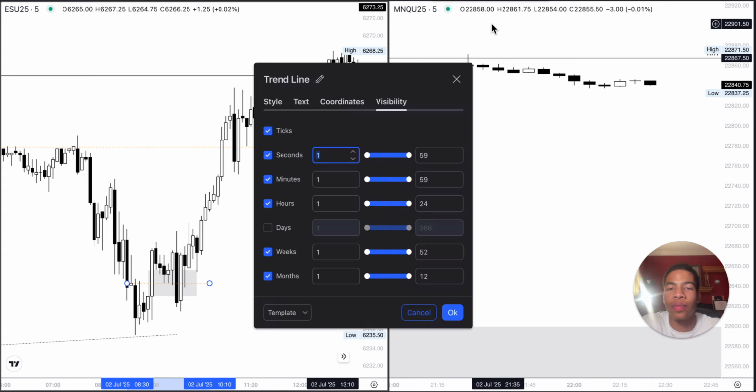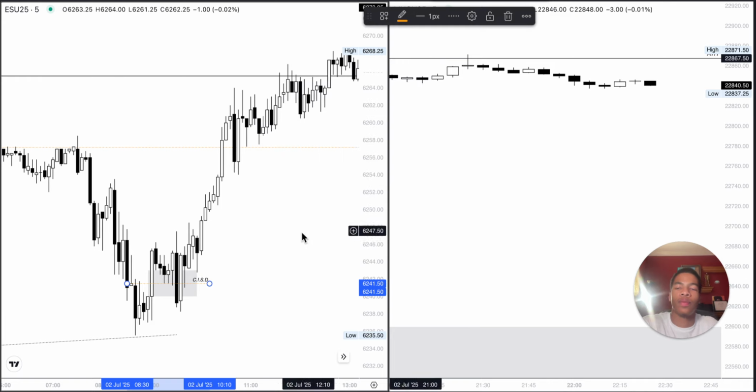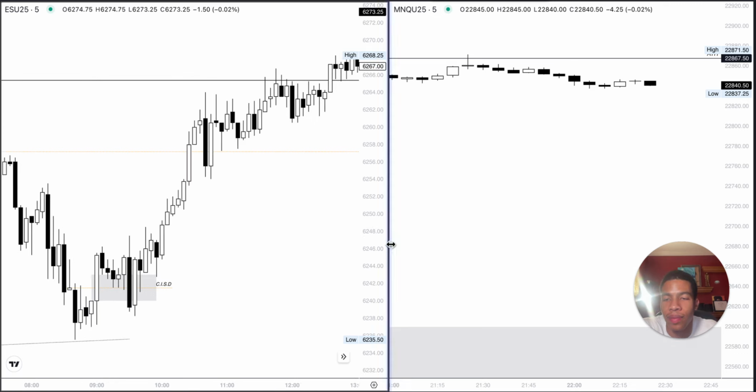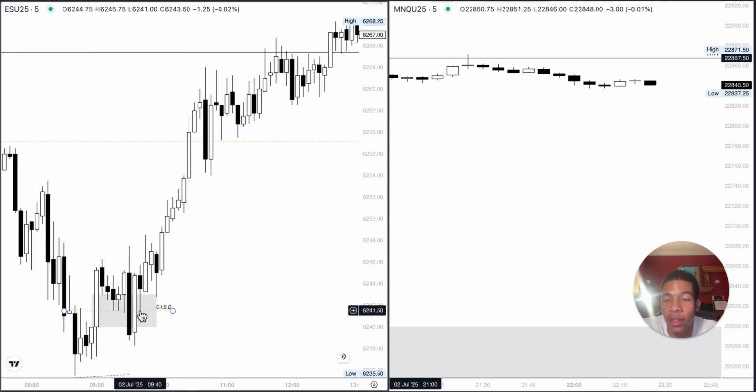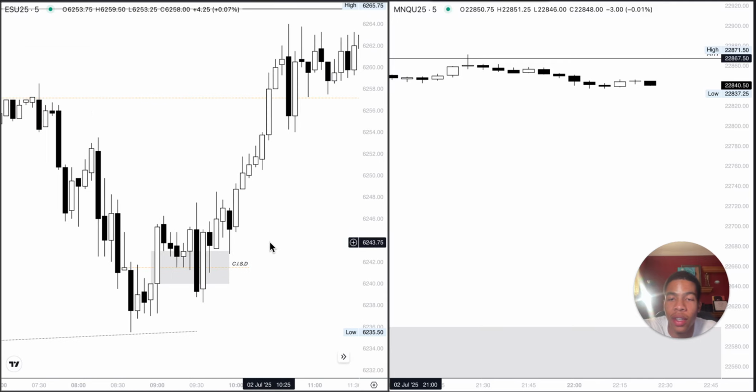Given that this trade is taken earlier than where I'm most confident and have a higher success rate on my trades, what would I do?